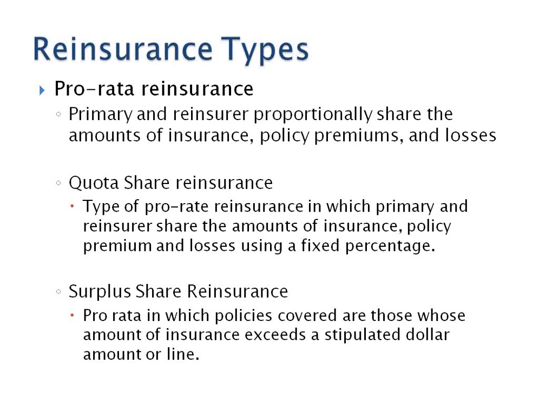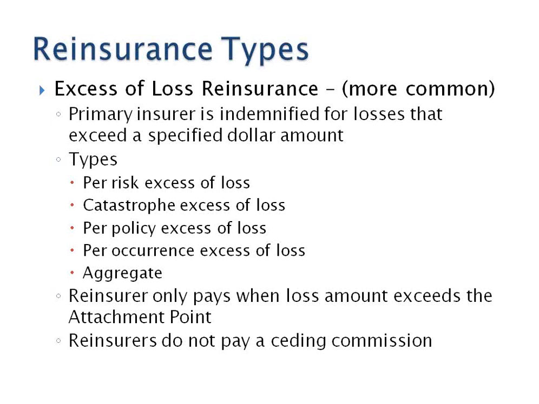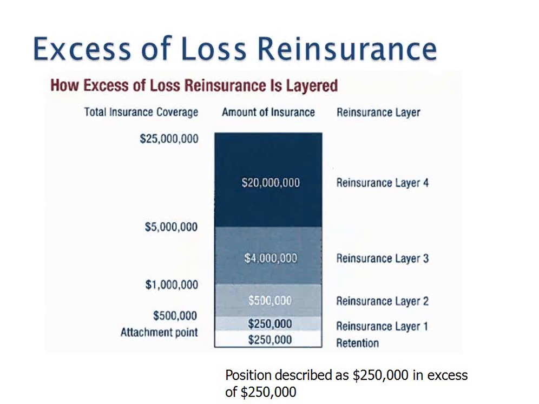Under excess of loss insurance, they do not pay a ceding commission. It's flat. It's all included in the policy, because there's no real encouragement needed to sell it, I guess, is one way to view that.